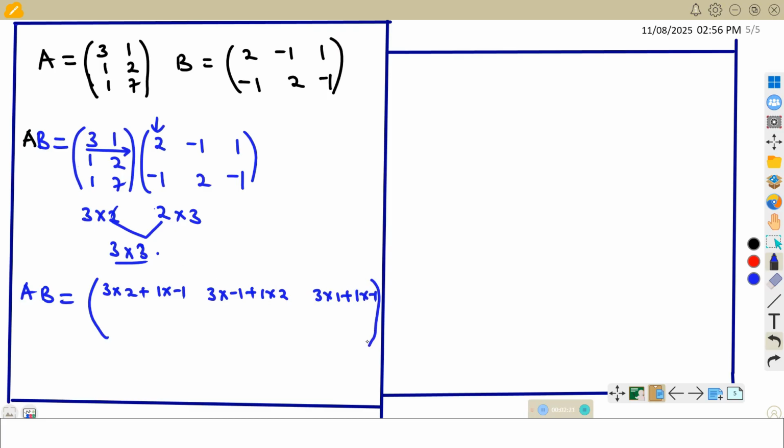Next we shall have this row into this column, 1 times 2 plus 2 times negative 1. Next, now we are multiplying into this column, 1 times negative 1 plus 2 times 2. Next we multiply the same row into this column, 1 times 1 plus 2 times negative 1.